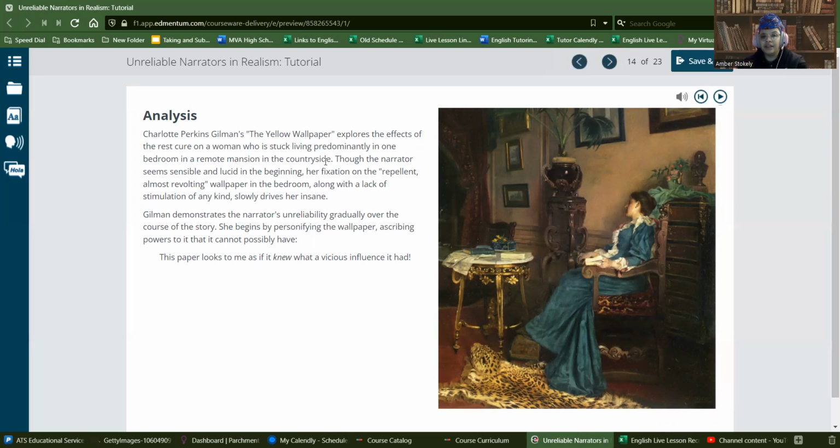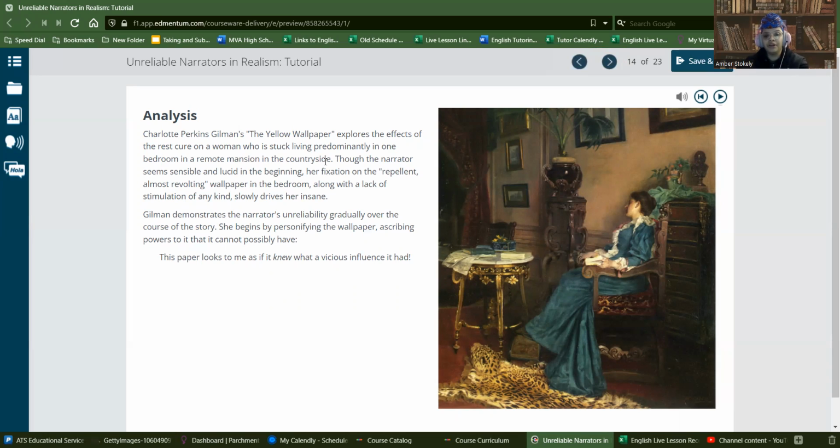And the author demonstrates that she's unreliable over the course of the story, and it gets worse and worse. So she seems fine in the beginning, but as she keeps going on describing things, you start to notice there's some things that are off about her descriptions. So, for example, she starts talking about the wallpaper, and she describes it as having powers that it possibly can't have.